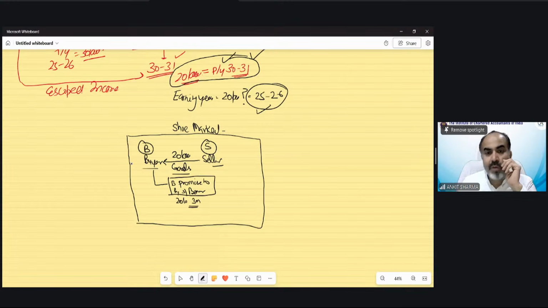Right? Now, Mr. Seller has two options. Either he will hold this Hundi for 3 months and after 3 months he will take the money from Mr. B. Or he can go to a person who works like a bank in this market, like a money lender. Generally, we discount our BR from a bank.